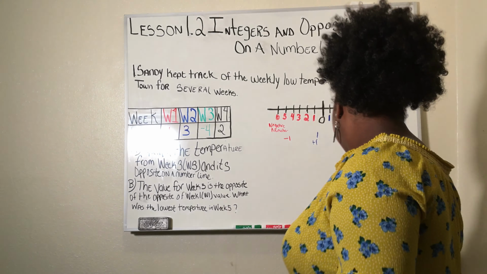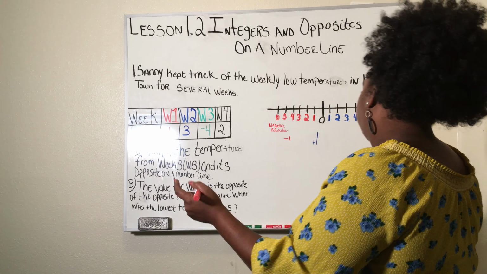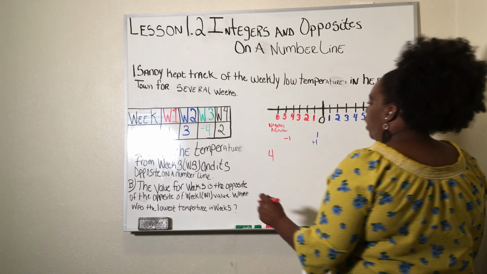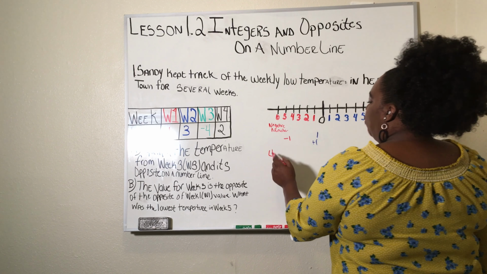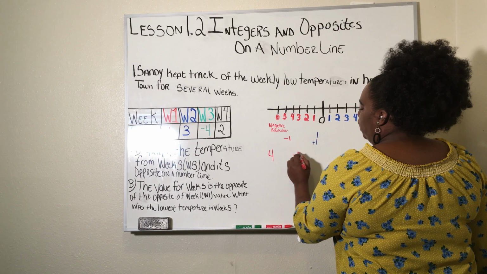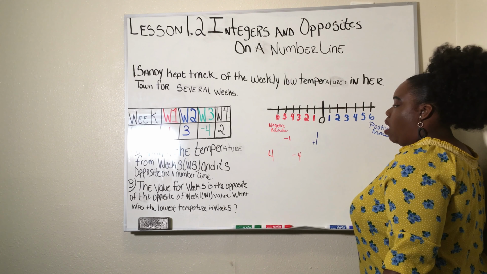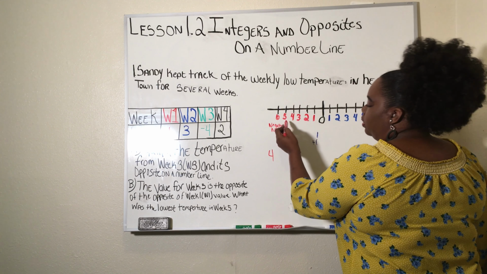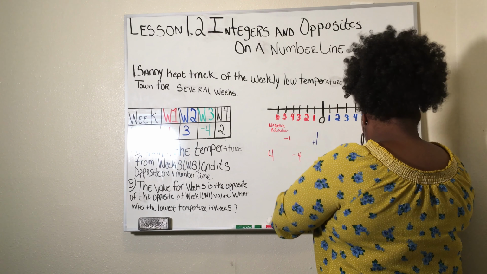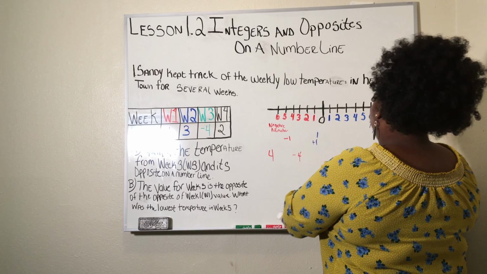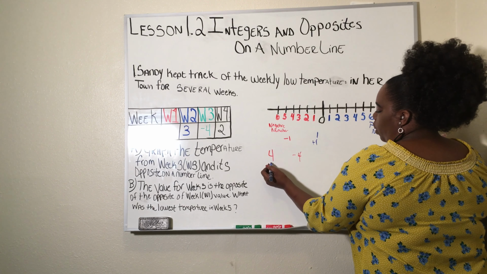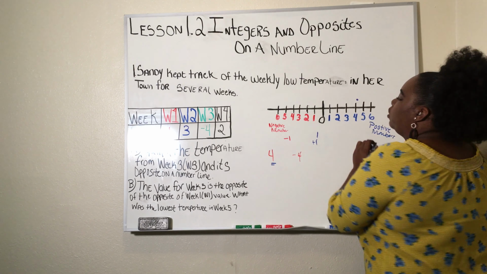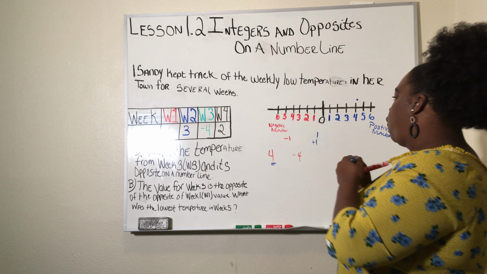Okay? So, let's make this make sense. We're going to use 4. The opposite of 4 is negative 4. Why? Because it is the same distance from 0 on the opposite side of 0. So let's get our blue marker out here. We're going to plot 4 here, and we want to find the opposite of 4.